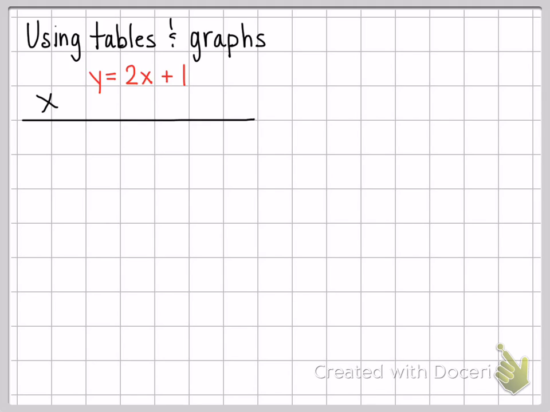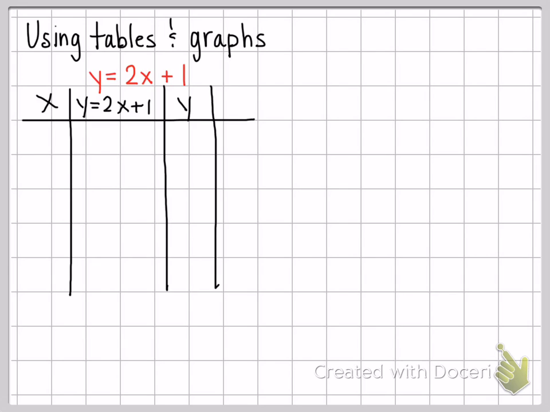That's going to be your input value, because remember, you're plugging in for x every time. You plug into the equation, y equals 2x plus 1. And you get your output, or your dependent variable, and then you're left with your ordered pair, x, y.